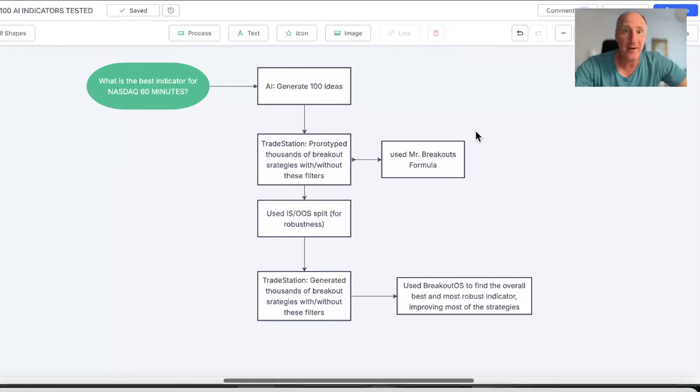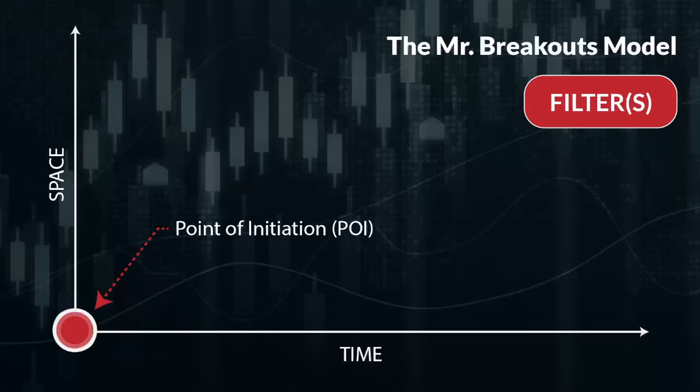Again, very, very important. So if you know something about Mr. Breakout's formula, let me just show you quickly. I have it here, 1 second. So the Mr. Breakout's formula uses point of initiation, space, and time to calculate breakout levels, and then voluntarily it can add filters.